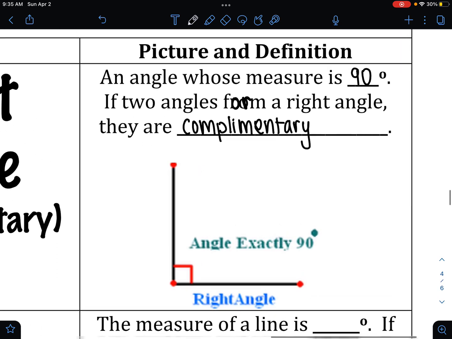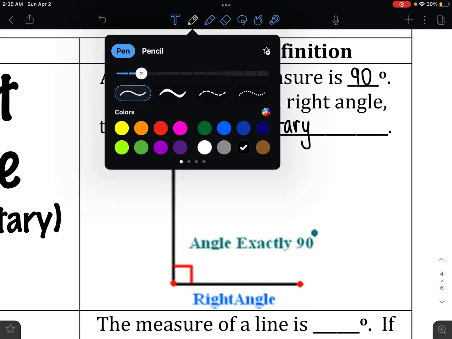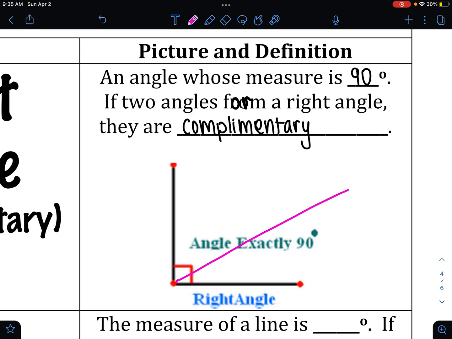But essentially, let's say I had a line cutting through the middle right here of this right angle. Whatever this angle and this angle adds up to would be 90 degrees. And these two angles we would call complementary. So they complement one another to make 90 degrees.